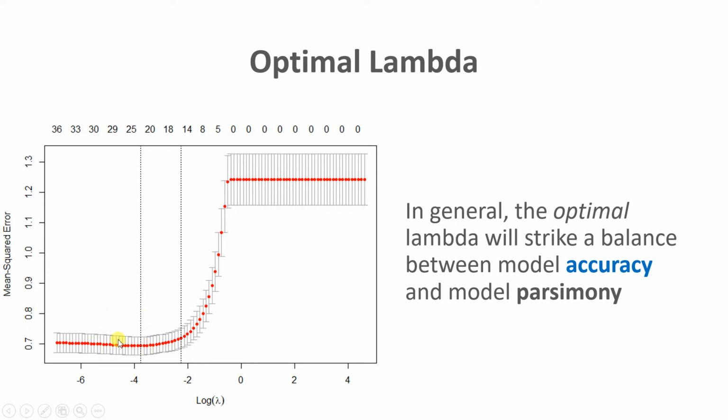And so you can see here that right around, it kind of looks like this log of lambda around -4 or so, maybe a little bit less than that in this particular plot, that seems to be the sweet spot here in terms of reducing mean squared error. Okay, so often we're looking for that minimal level of mean squared error, if we're using that as the metric, or if we're using root mean squared error.